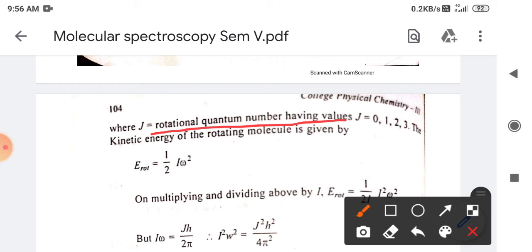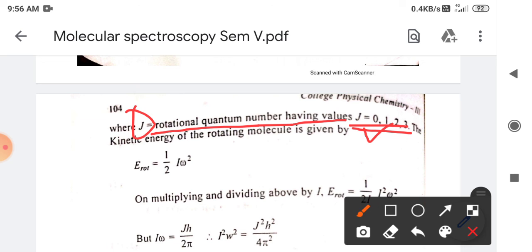For rotational motion, we use a new quantum number called j, the rotational quantum number, which has positive integer values, same as n, but for the rotational motion we represent it by j, having the values 0, 1, 2, 3 and so on.